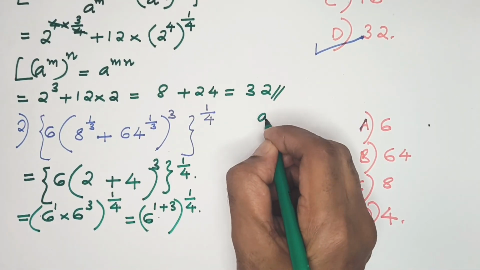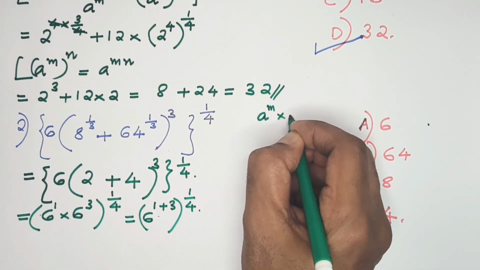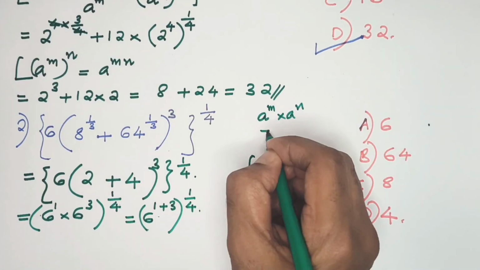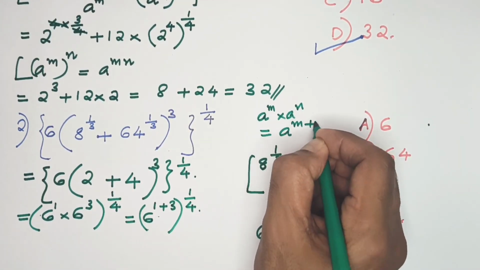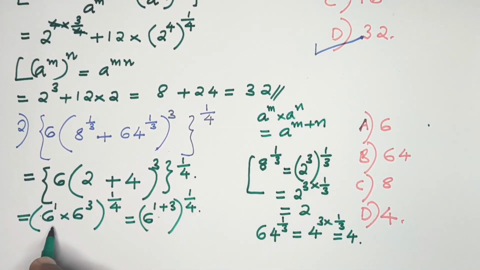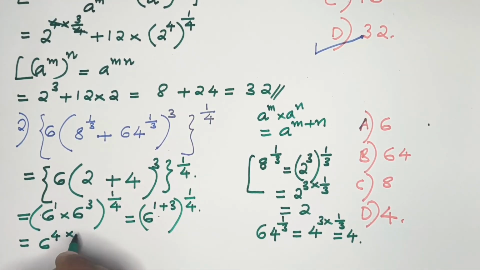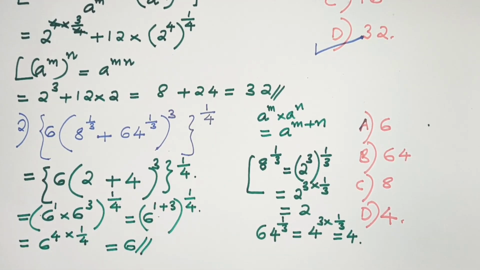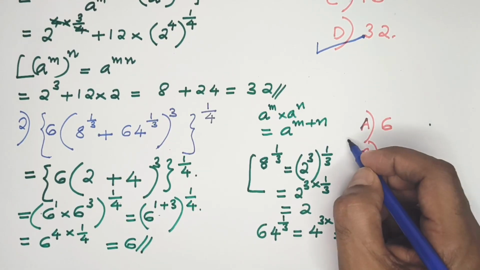It's based on this rule. A to the power of m multiplied by a to the power of n equals a to the power of m plus n. That's what I used here for writing this into this form. Now this is 6 to the power of 4, the whole to the power of 1 over 4. 4 and 4 cancelled. You get 6. That is the final answer. And that is the first option.